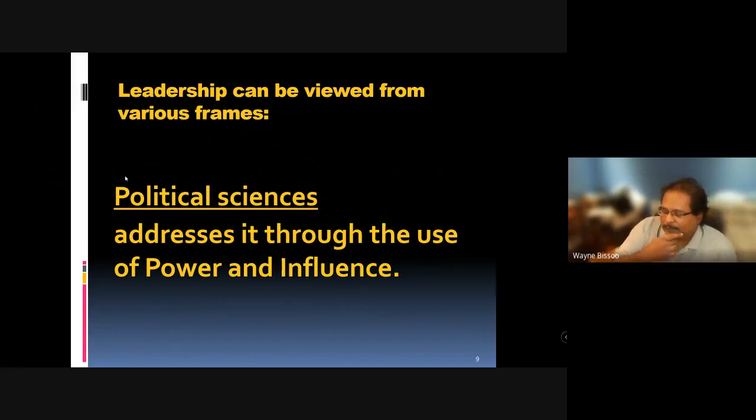So that's what the politics of leadership is about. And you all are accustomed to this one. We see this regularly because political sciences really focus on how you acquire power and use that power to influence behavior.